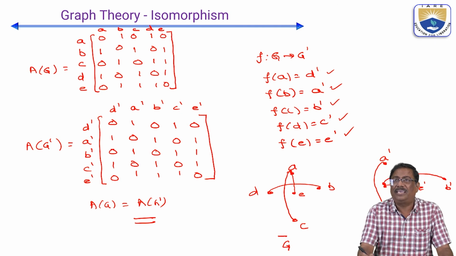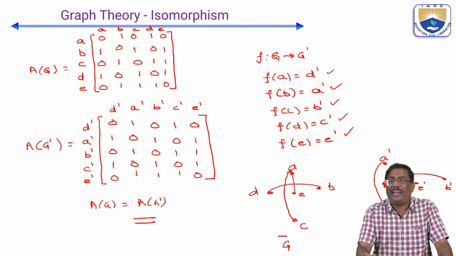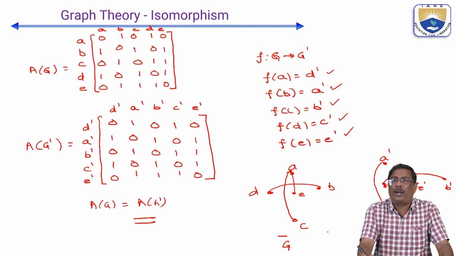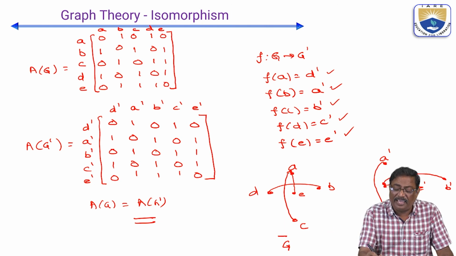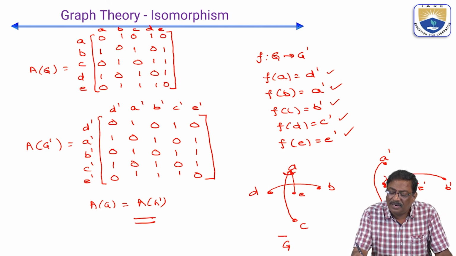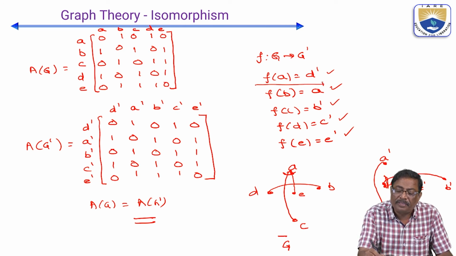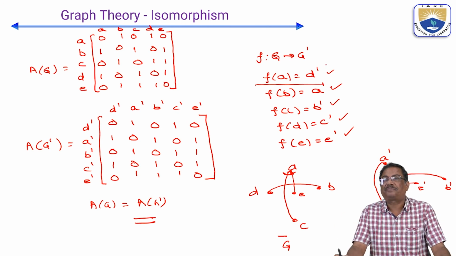Moreover, observe here. Let us take A: the degree of A is 2, and the degree of D dash is 2, so I am going to map A to D dash.